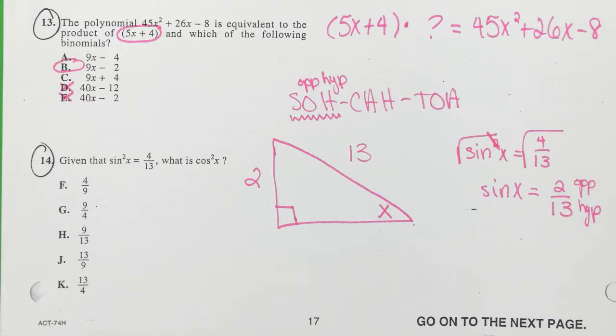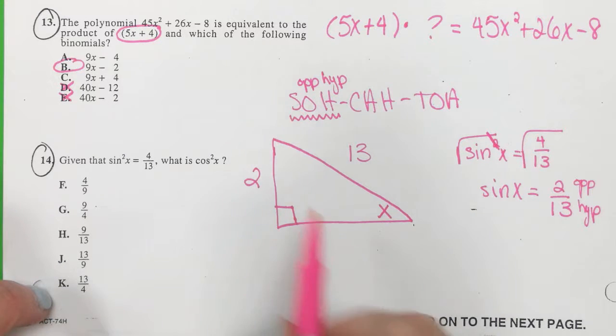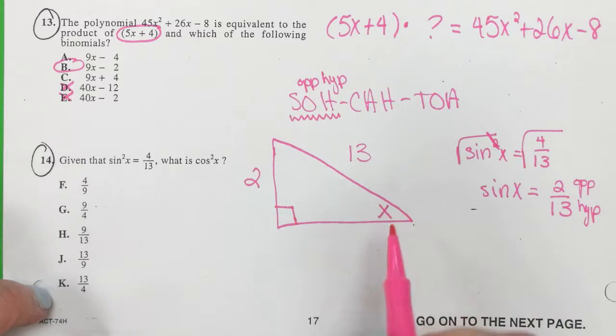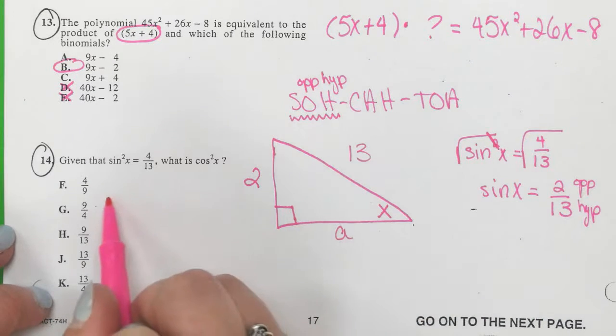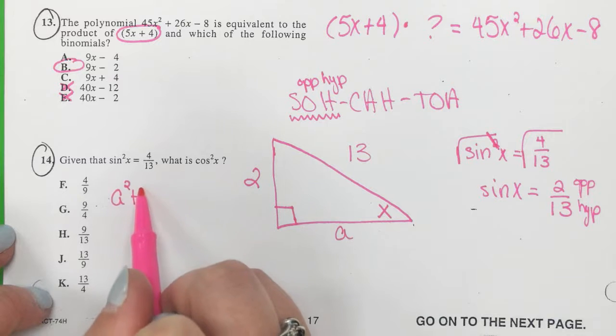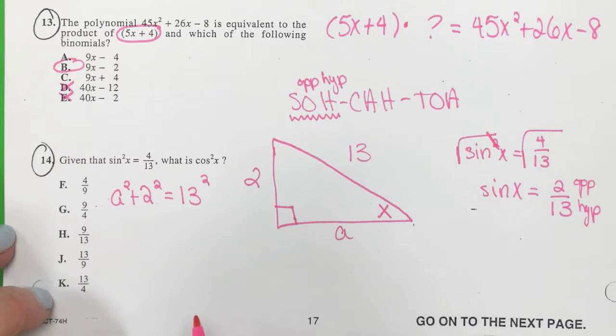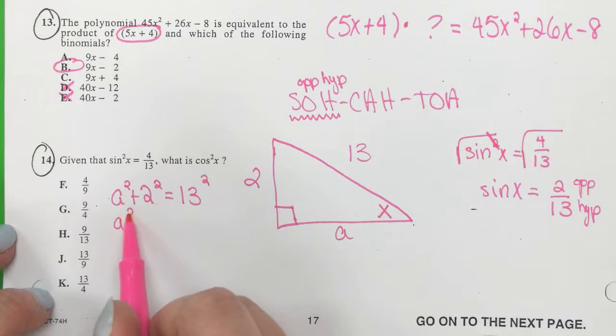And then you got to use the Pythagorean theorem, right? So what are your 2 legs? 2 and what do you want to call this? Well, we can't call it x. It's already x. A. All right, here we go. So we got a squared plus 2 squared equals 13 squared. What's 2 squared? 4.